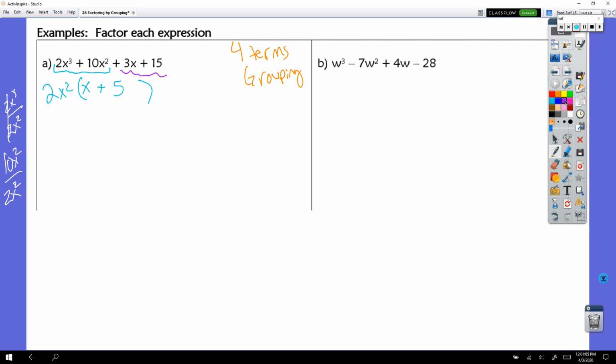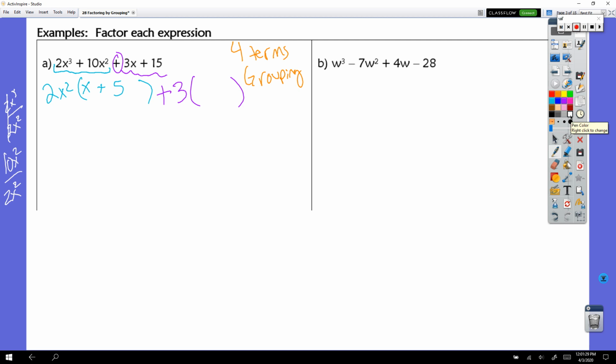For my second grouping, my second half of the problem, I'm going to use the sign that I see in front of the third term. So I'm going to use a plus. Now I'm going to look at 3x plus 15 and think about what divides into 3x and what divides into 15 evenly. A 3 divides into 3x and into 15.